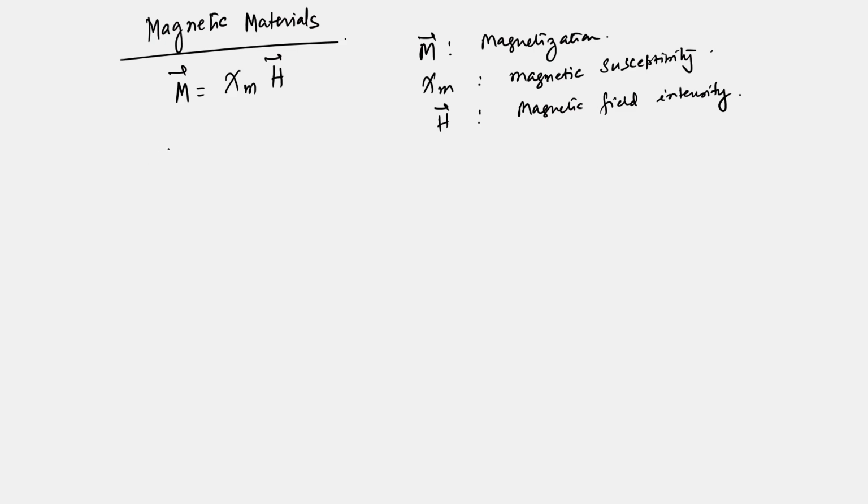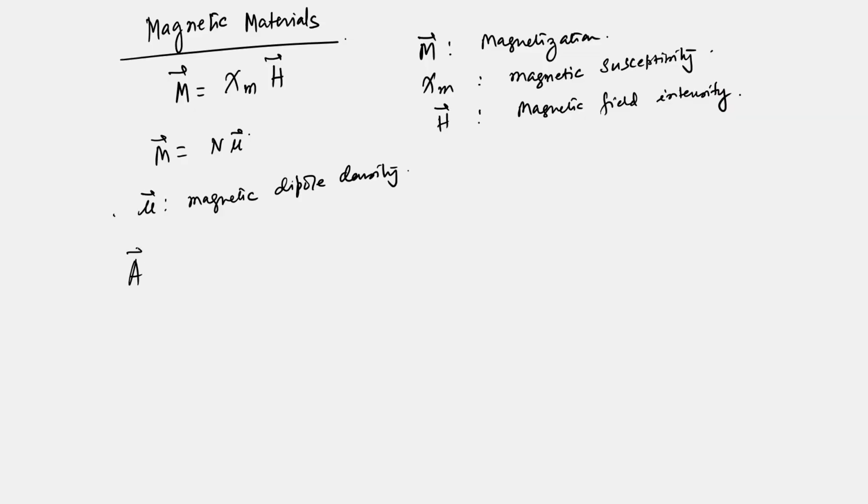If you define the magnetic dipole density, then M is equal to N times mu, where mu is called the magnetic dipole moment. So, just like the scalar potential, which we expressed in terms of the bound and free charge densities, we can express the magnetic vector potential in terms of the bound surface current and bound volume current densities, and that can be seen easily.